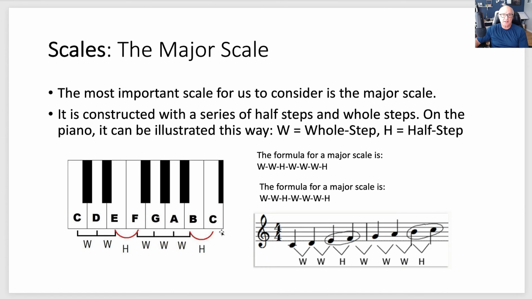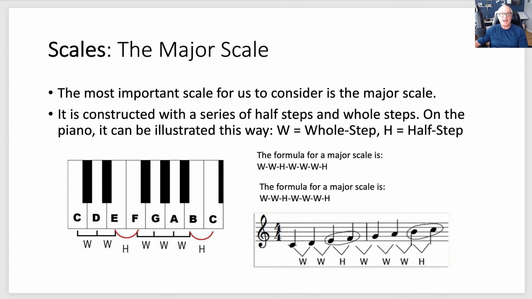Now that translates into notation, which gives us this C major scale. So you can see the formula. Now that is immutable. If we want a major scale and we want to start on C, those are the only possible notes we can use.